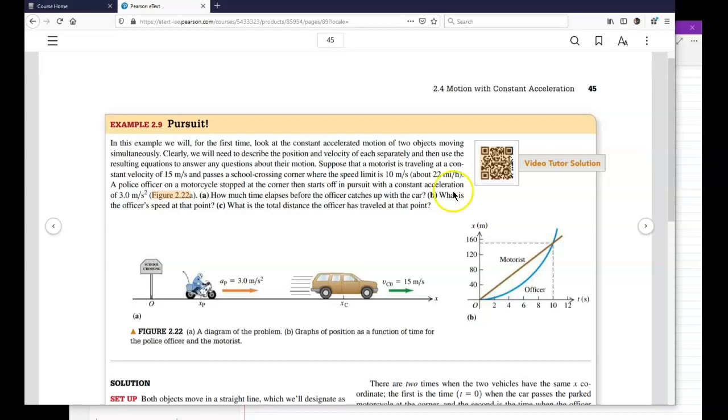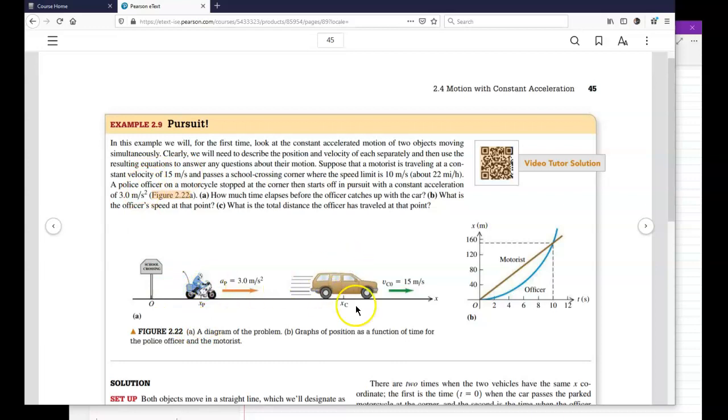Okay, so we have a motorist. I don't know if he specified it, the motorcycle guy. Did he say motorist or motorcyclist? Motorist. Traveling at 50 meters per second and passes a school crossing corner, which is right here, where the speed limit is 10 meters per second. Okay. A police officer, oh, okay, the motorcyclist is the police officer.